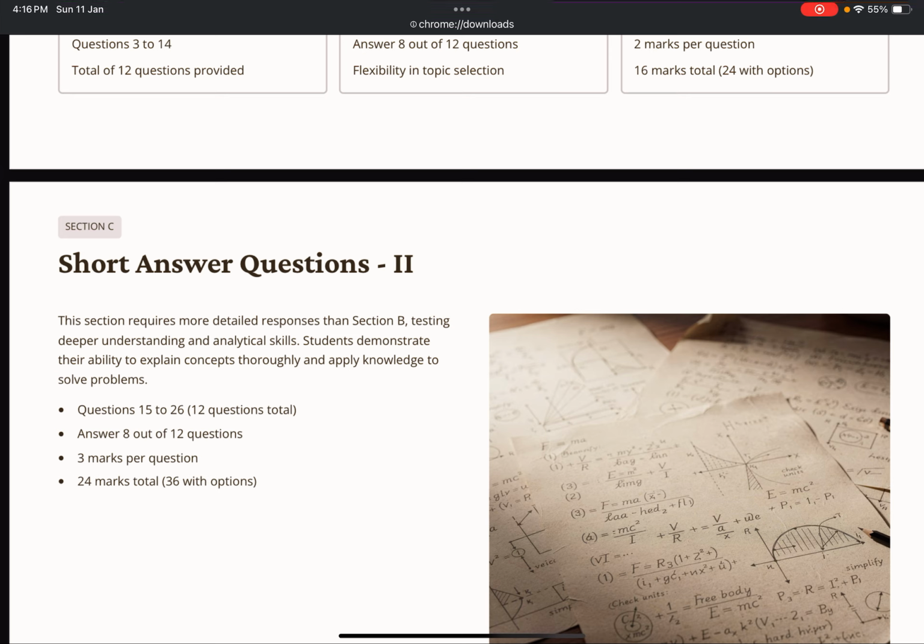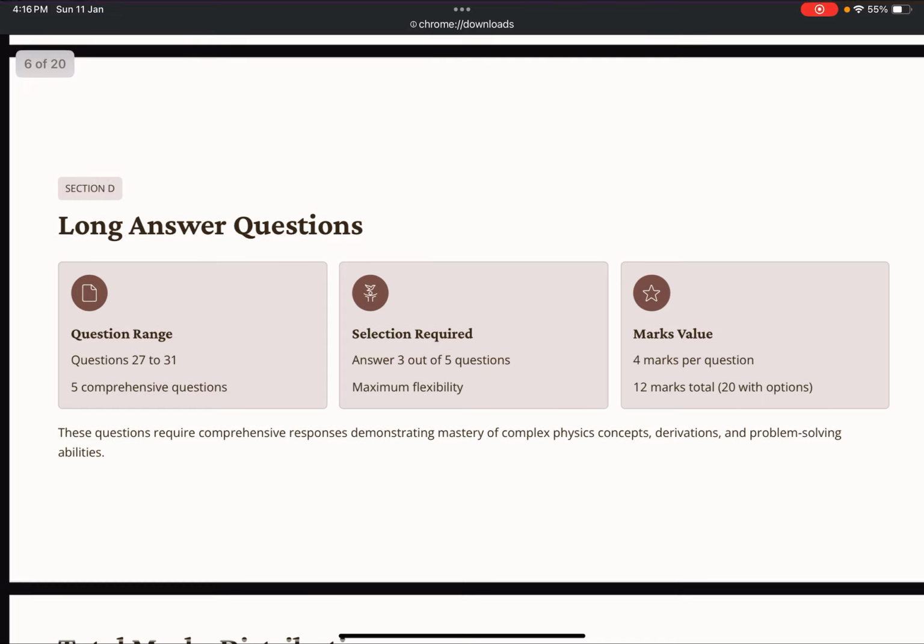So 8 into 3 gives you 24 marks. Students who are very comfortable again should not solve additional questions right now, but if the time permits, they can come back and reattempt the remaining questions. So there are 8 questions which are compulsory to be solved. 8 into 3 gives you 24 marks.